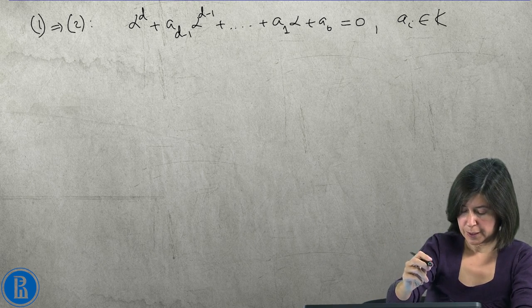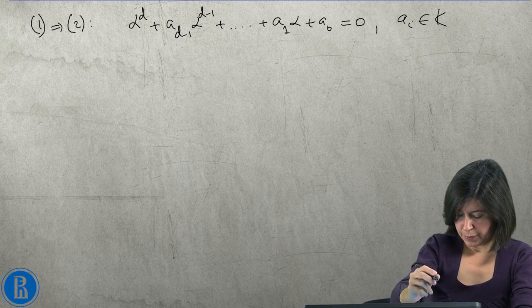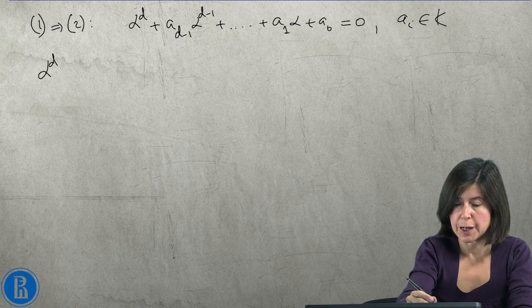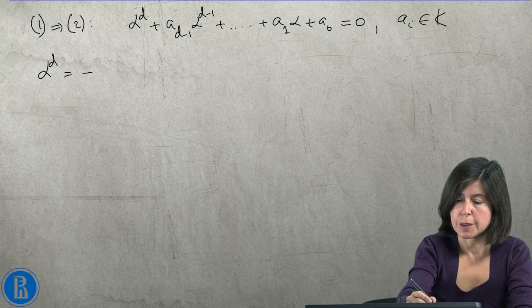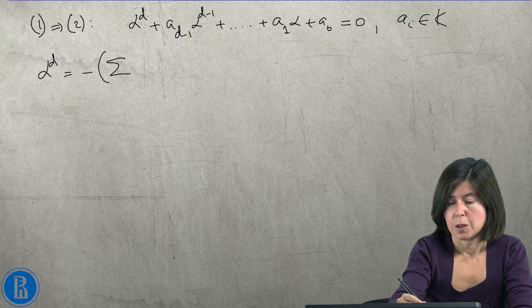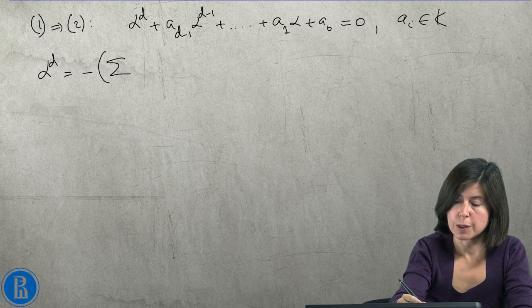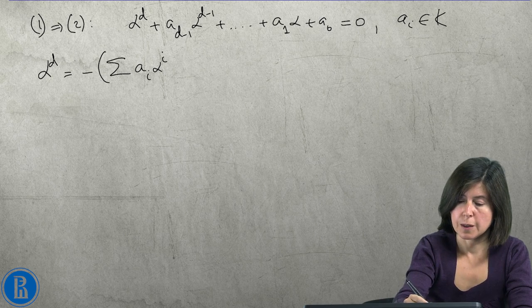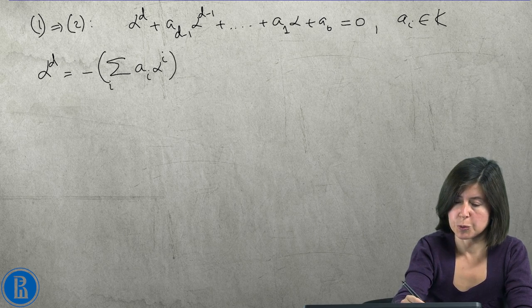So we see that alpha to the power d is minus a linear combination, the sum of a_i alpha to the power i, where i is from 0 to d minus 1.